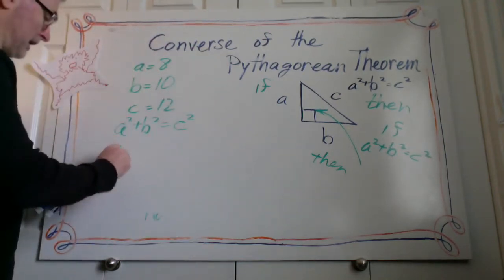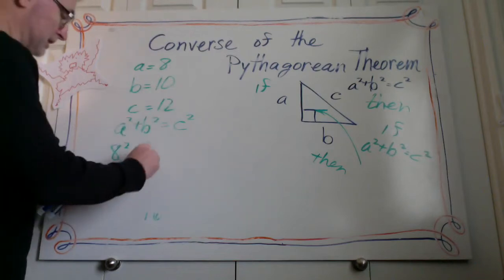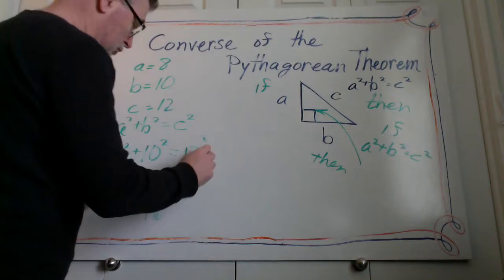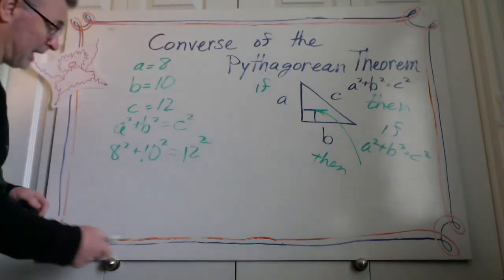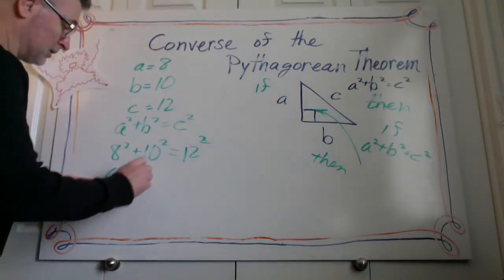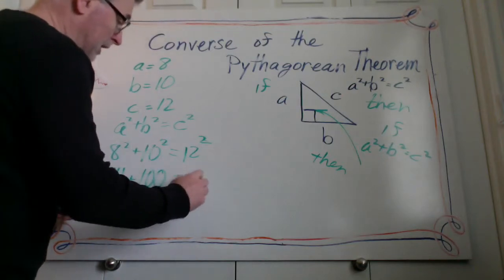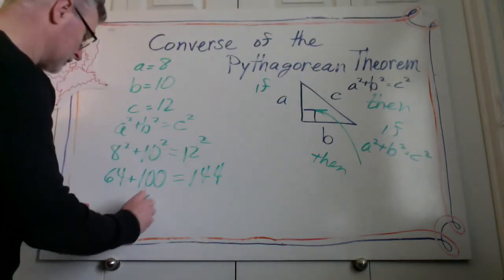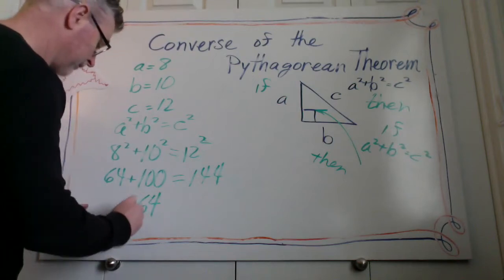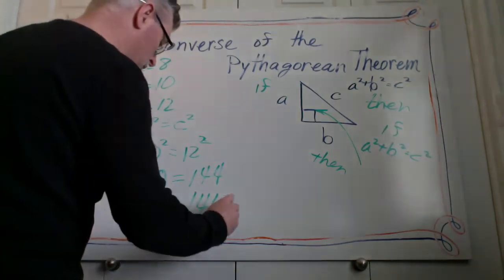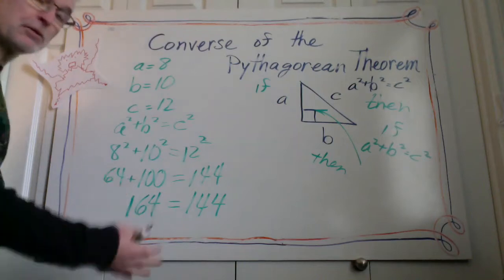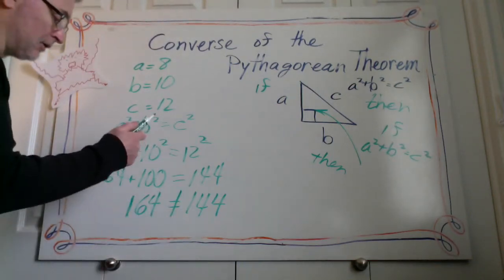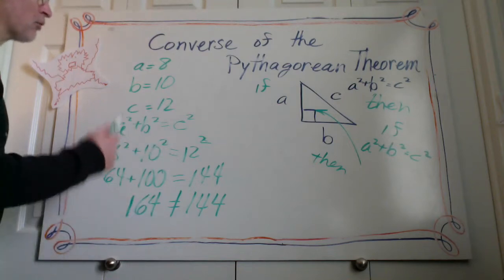So 8 squared is 64, 10 squared is 100, and 12 squared is 144. 100 plus 64 is 164, and 144. When is 164 equal to 144? It's not. That's right. So this does not make a right triangle.